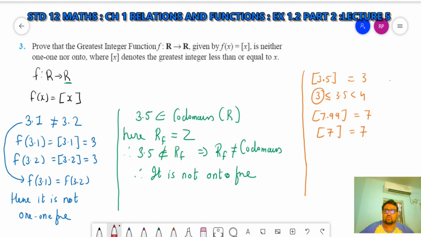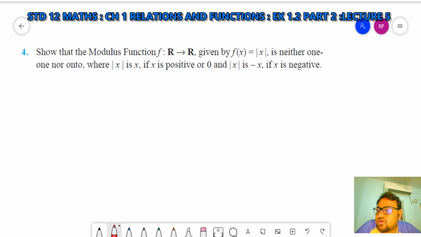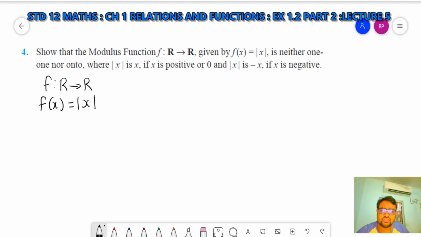Now let's move to the next question. Question number 4. Prove that the modulus function f from R to R, given by f of x is equal to modulus of x, is neither 1-1 nor onto.